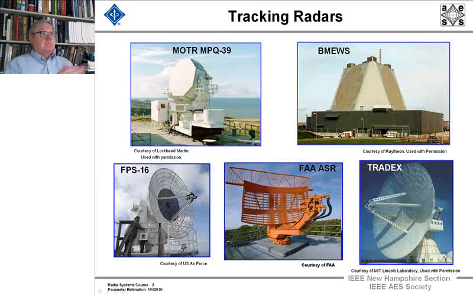It's a scorekeeper. Tracking radars, when they're used in the range instrumentation mode, are scorekeepers, so to speak. There'll be an event going on. It might be a fighter plane launching a missile at another aircraft, and they'll track both fighter planes and the missile and take very accurate measurements on the encounter to see what happened.